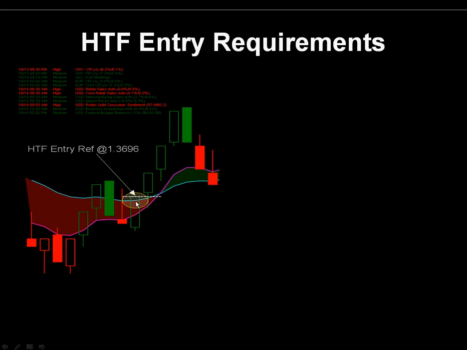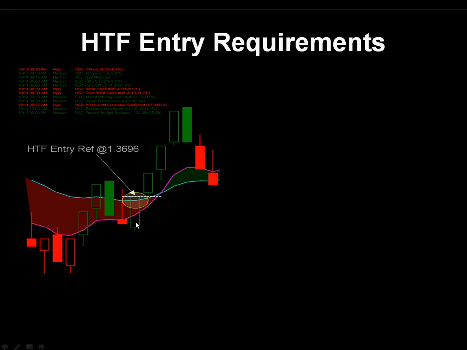This is our first entry requirement. Then we notice the ticks between the two moving averages must not be more than 4 ticks. And the third requirement, we must have the price break above for this long example. And if it's a short, then we'll expect the price to break below the moving averages.